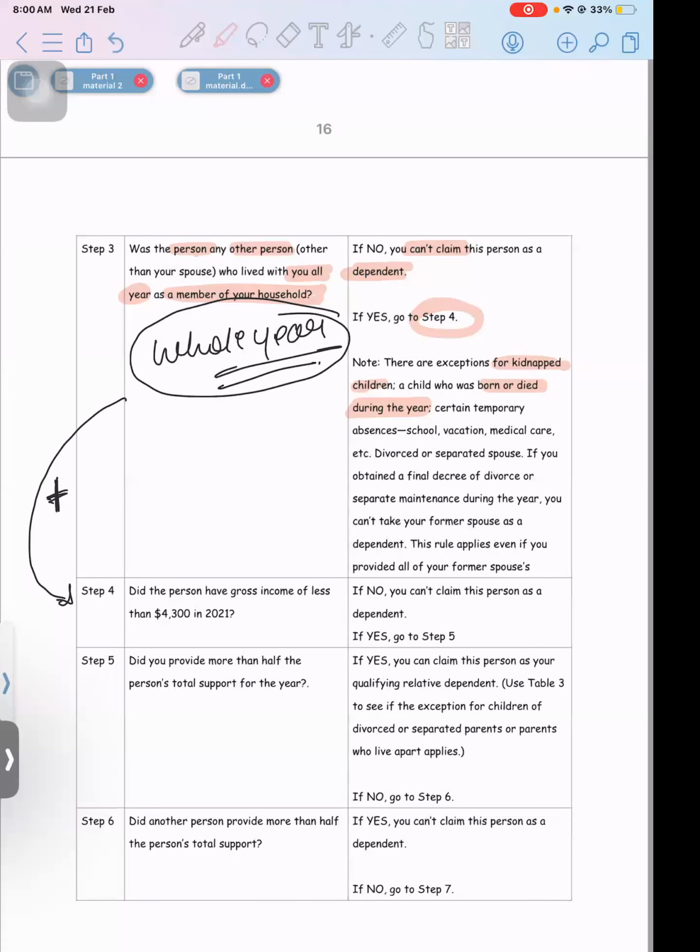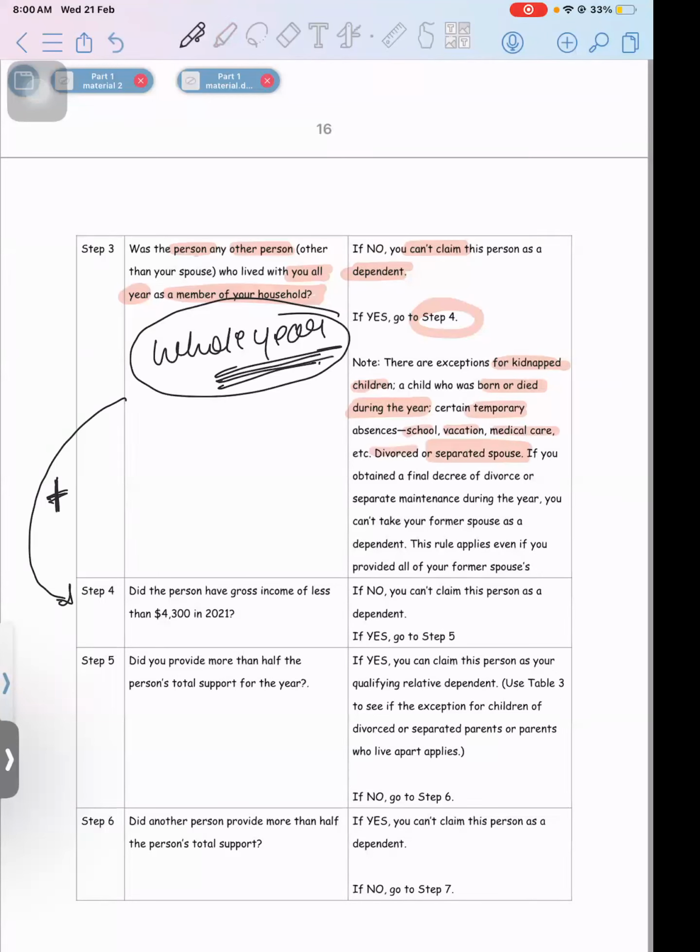How he can be considered as having lived during the whole year, that is an exception. So certain temporary absences, like due to school, hostel, vacation, medical care, etc., all these exceptions can be considered. Divorced or separated spouse, in that case also you are going to consider the exception.